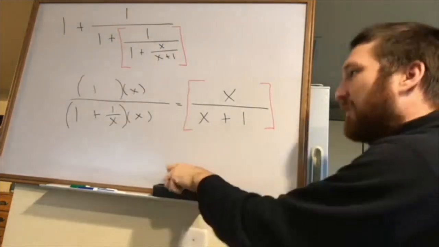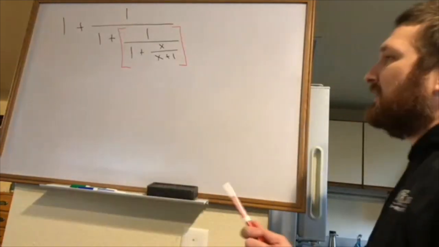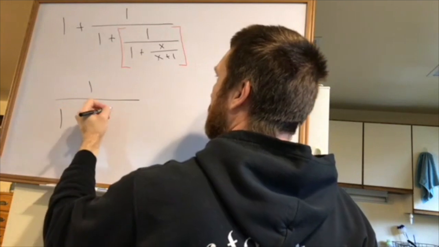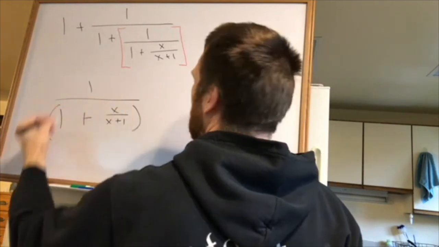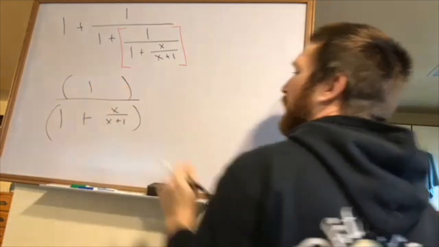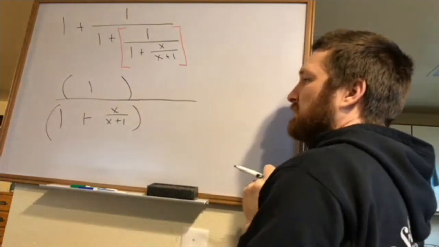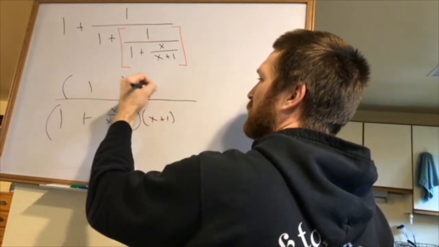We'll do one more. And we'll say, okay, well, that is just 1 over 1 plus some stuff. I'm only seeing one denominator here. How do I kill that only denominator that I see? Multiply by x plus 1. Multiply that by x plus 1. So I need to do that also to the top.